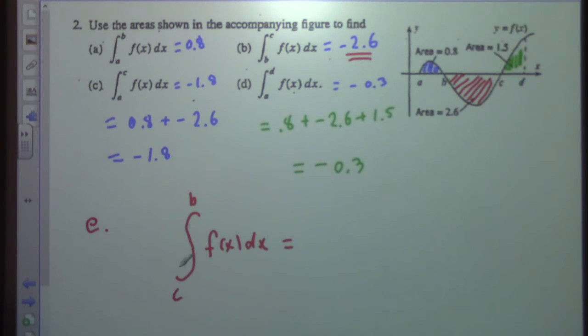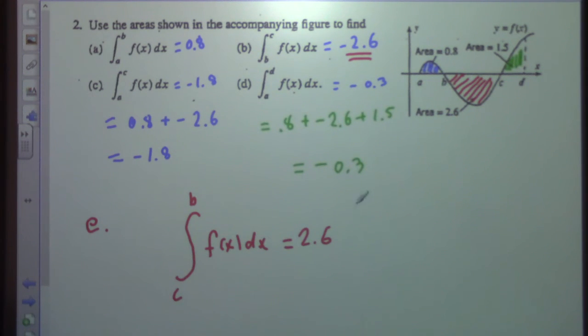Well, what that's going to be is this area here. Normally, if we were going from B to C, this would be negative, but because we changed the order of the boundaries, it's going to take this negative 2.6 and turn it positive.